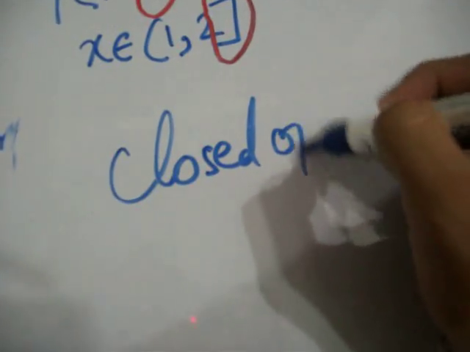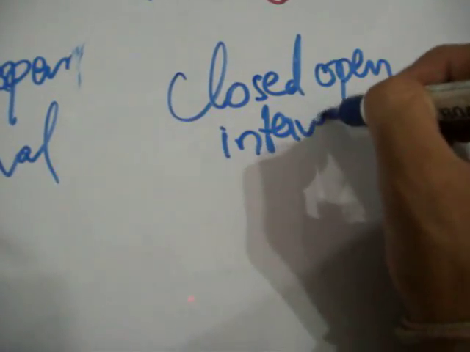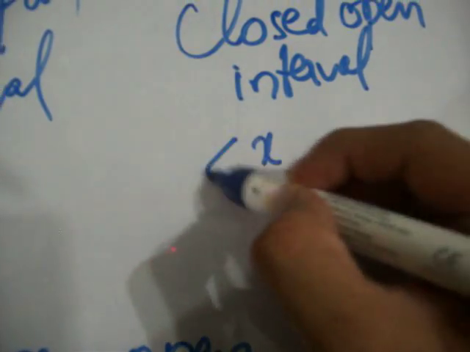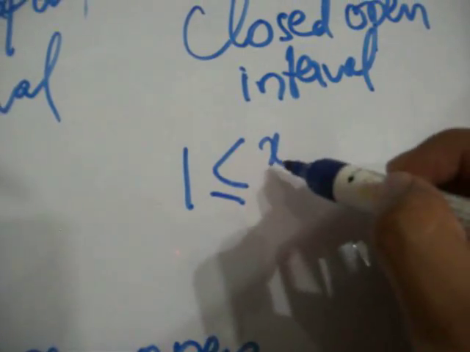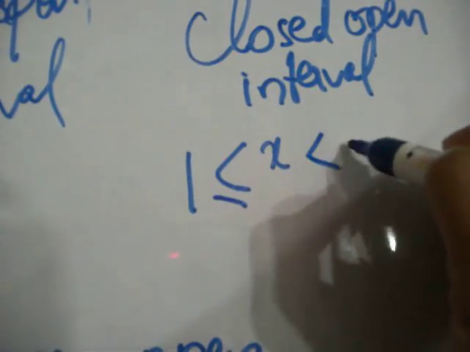Now the closed open. We say x is greater than or equal to 1 and less than 2.